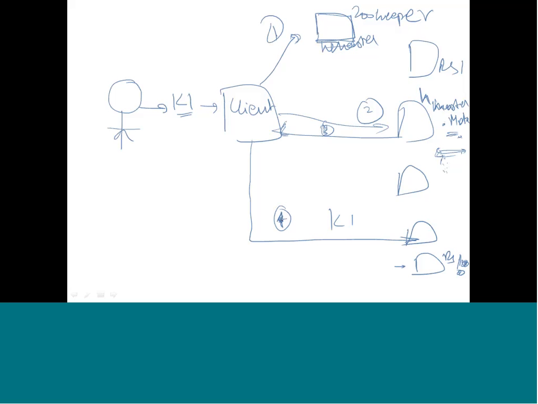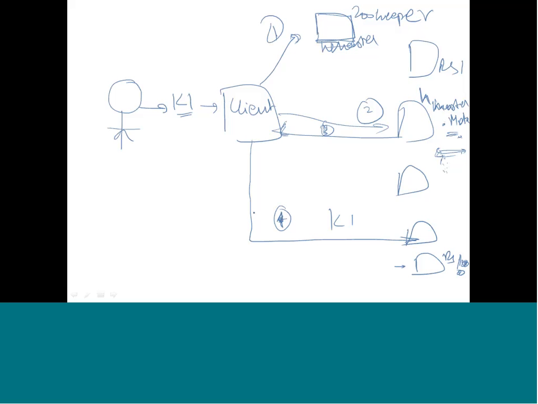So let me ask you this now. Is this operation 1, 2, 3, 4 performed on every read? No. Not necessarily. Okay, so can you please say more? So let's say I've done a read for K1 and now I'm looking for K2.